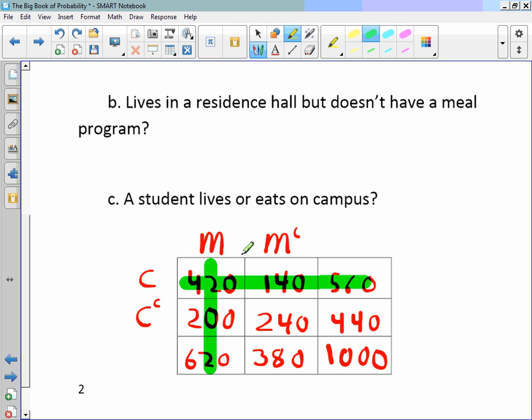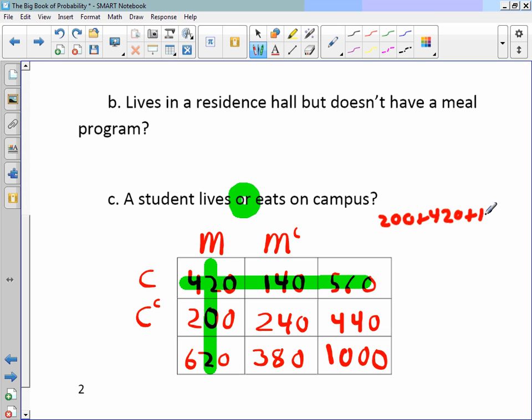So what I like to do is take this and add that and that together. Don't include the totals. So it's going to be 200 plus my 420 plus my 140 all over 1,000.